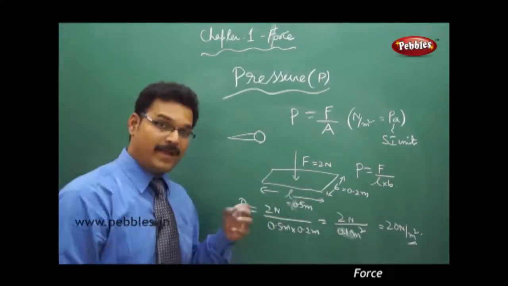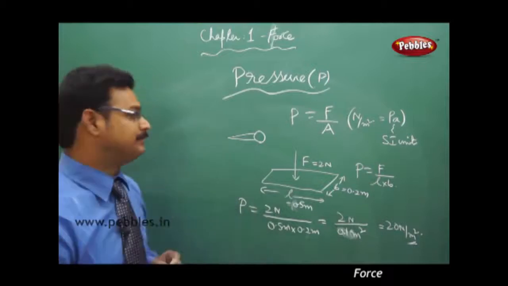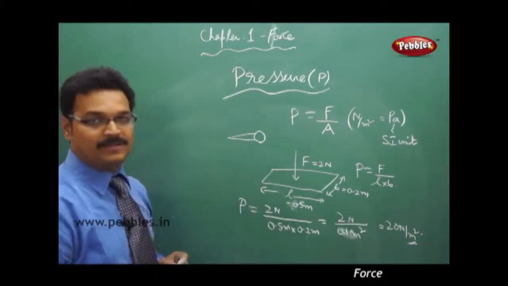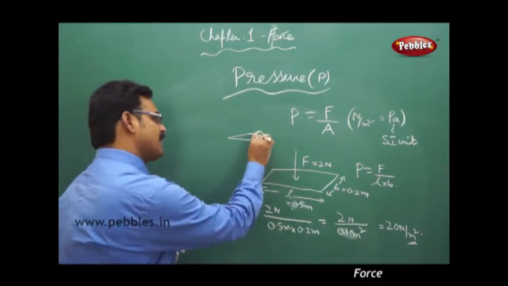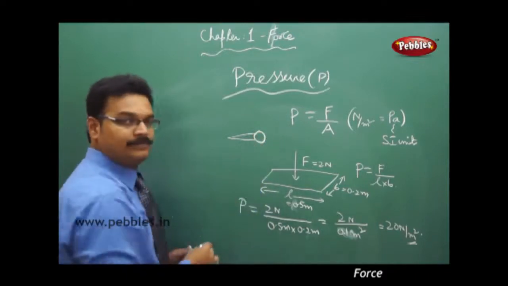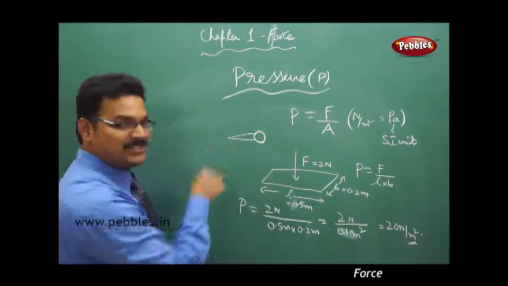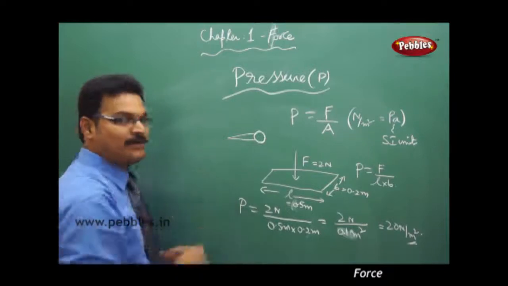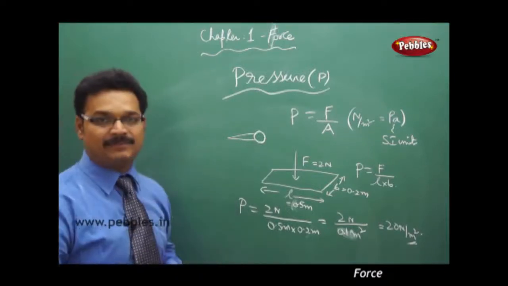Okay, now coming back to the example, this drawing pin. The head is wider, or it has more area of cross section, whereas the tail is sharper. Why are they keeping it like that?